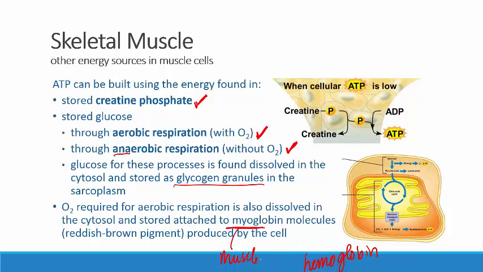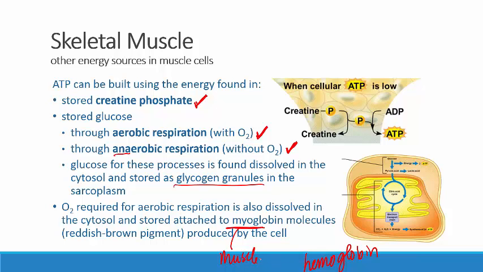Okay, so energy sources: once we use up ATP, we can go to creatine phosphate and use that to make ATP. And while we're using that stored creatine phosphate, then we can do aerobic respiration to make more ATP to have it available. And when we run out of oxygen, then we can do anaerobic respiration.